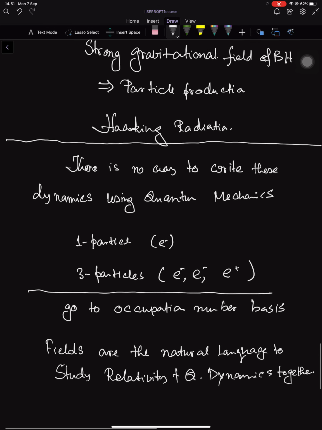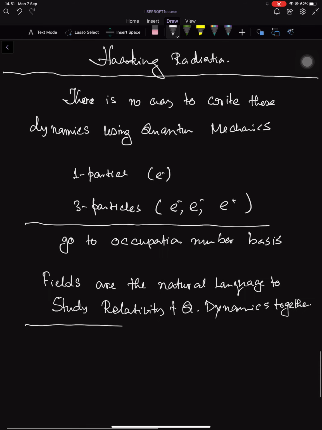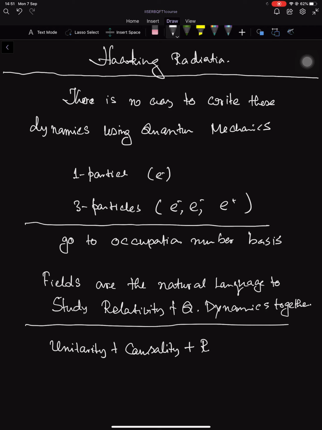This is actually beautifully explained in a much more rigorous and detailed way, with all sorts of new things known as more precise statements: unitarity, causality and relativity imply quantum fields.